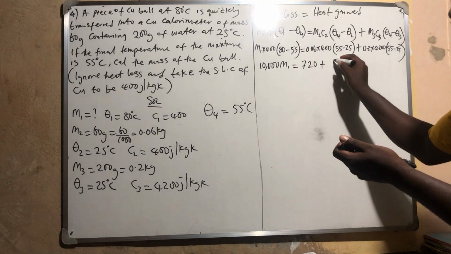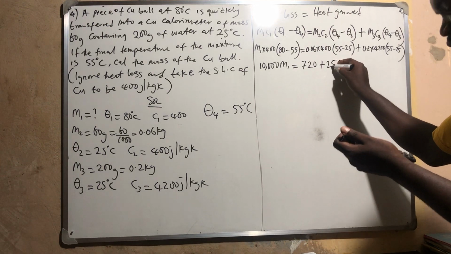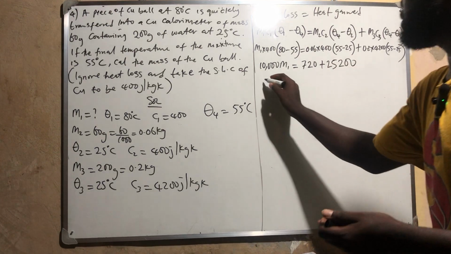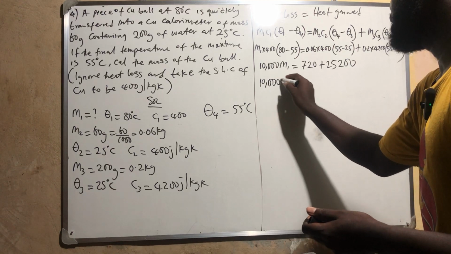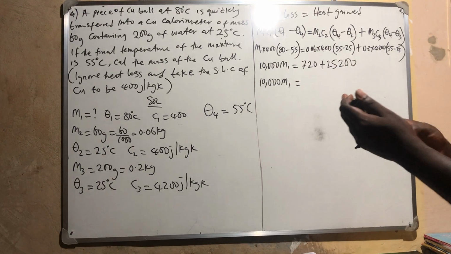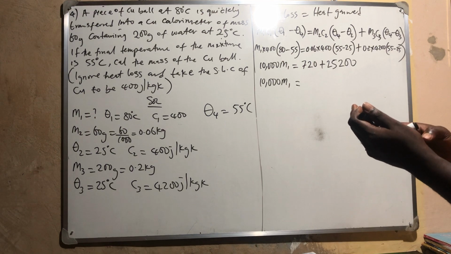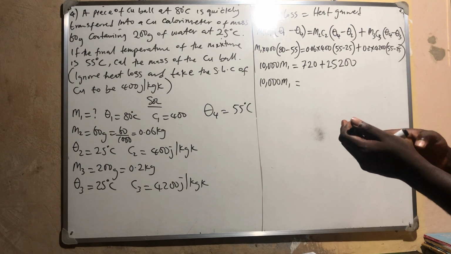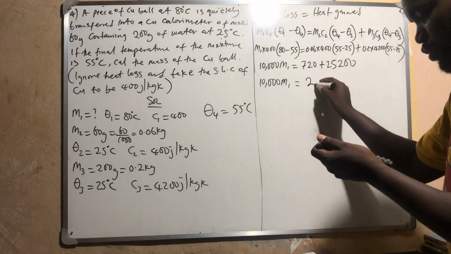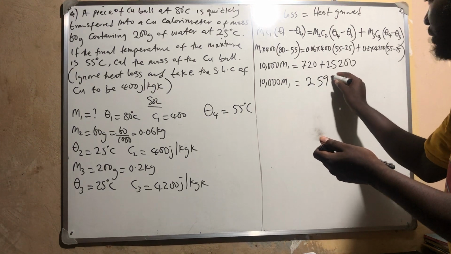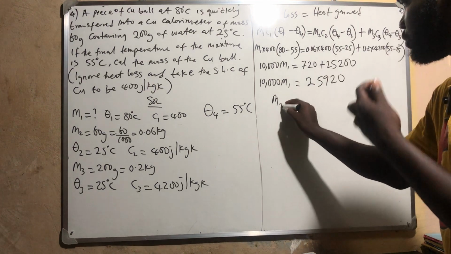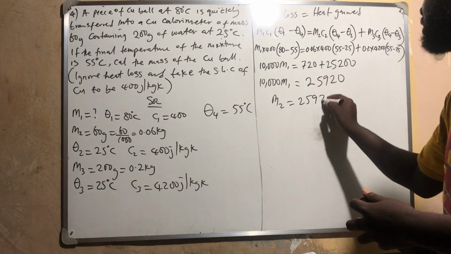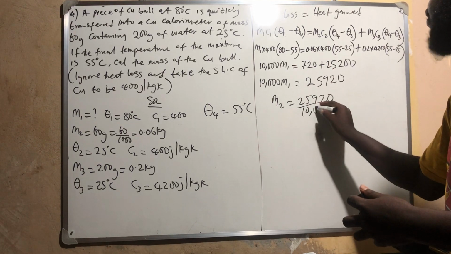I have 25,200. So I have 10,000 M1 is equal to, add this, plus 720. I now have 25,920. So my M1 will now be 25,920 divided by 10,000.